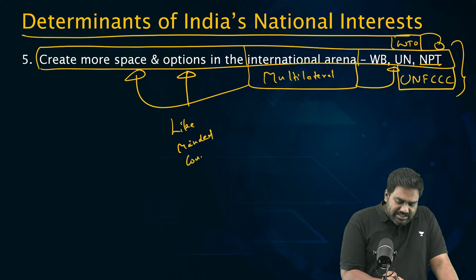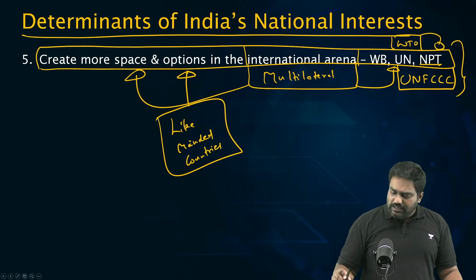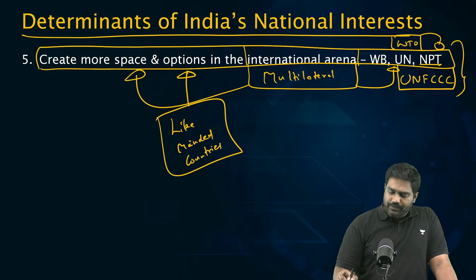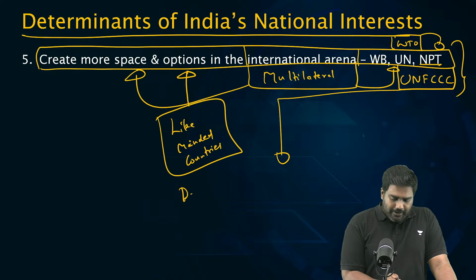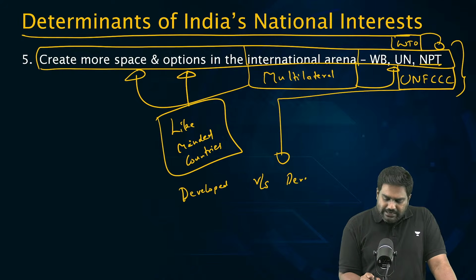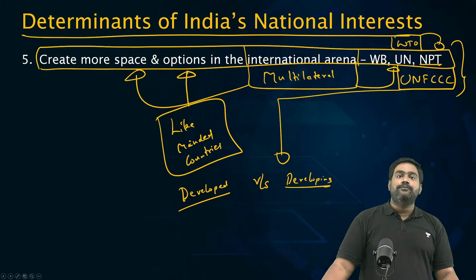Now, let us break this down. Let's understand this with the help of an example. Take the Climate Change Convention, for example. I'm sure you must be familiar that the world was divided between the developed and developing nations when it came to climate change negotiations.